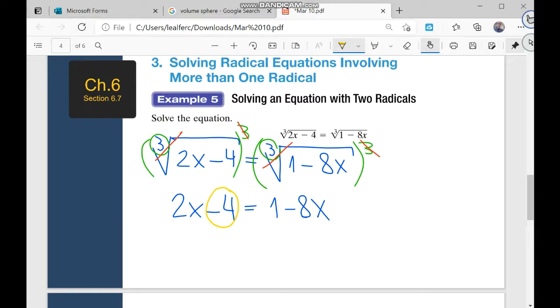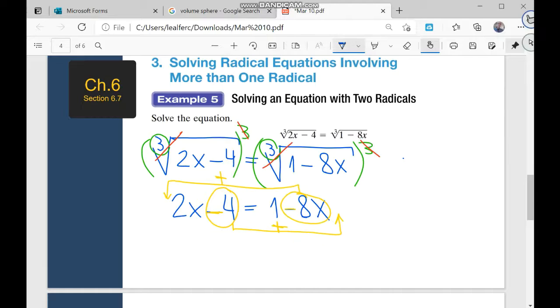Applying the addition property, we move all the numbers to one side and all the variables to the other side. This is negative, so it will become a positive, and this is also negative, so it will also become a positive.